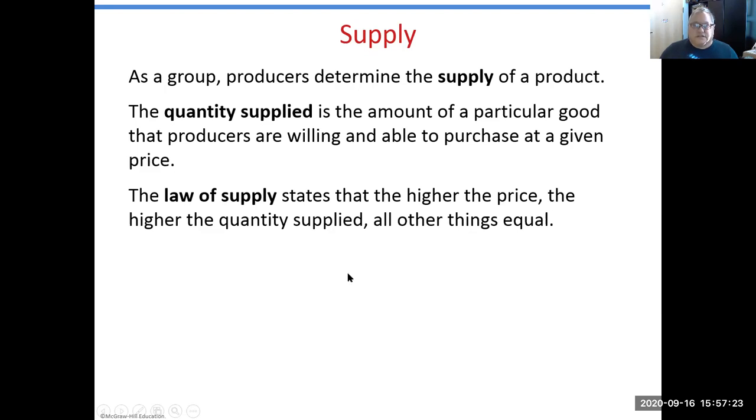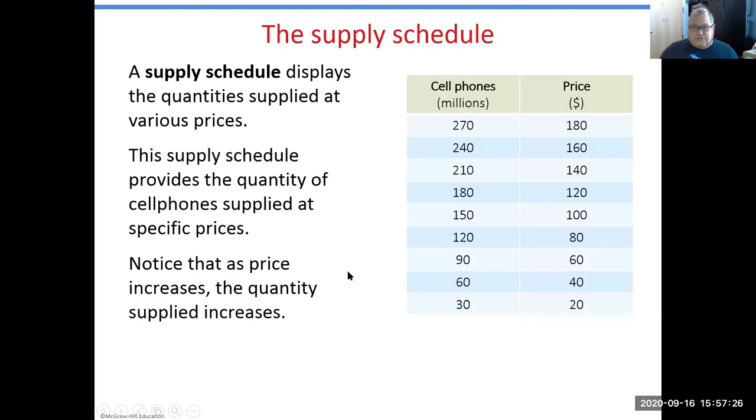And according to the law of supply, as the price that the market yields for supplying a good increases, the quantity supplied of the good should also increase.